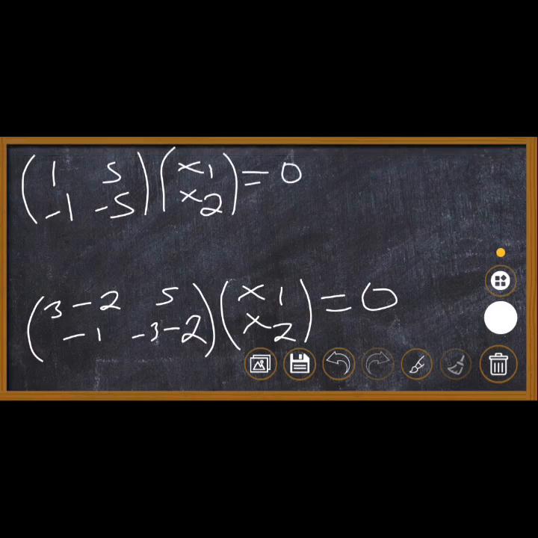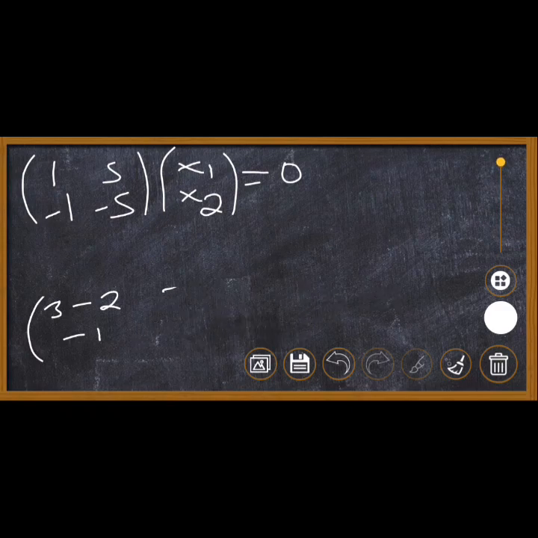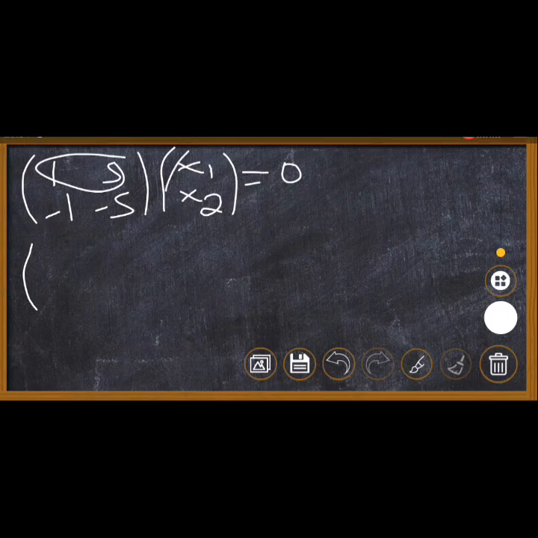All of these equal to 0. So again, what do you think we need to do here for us to find the values of x1 and x2? If you are able to remember, here what we simply do is multiply the rows by column. So we are going to multiply these and then add these.